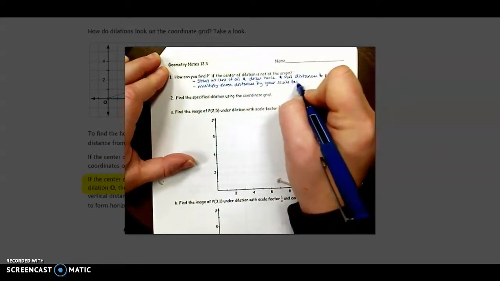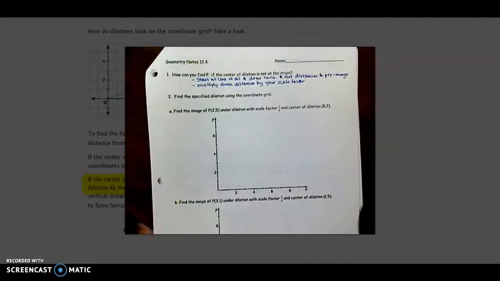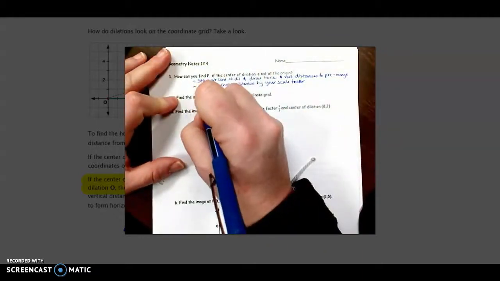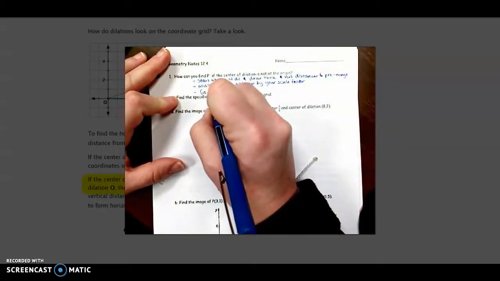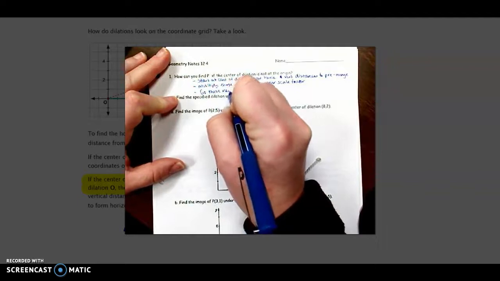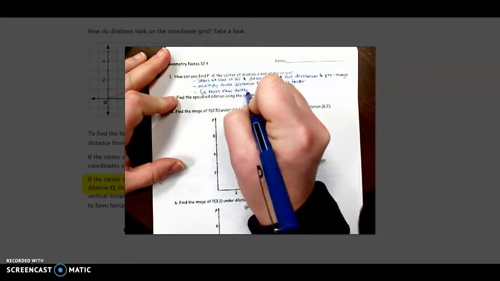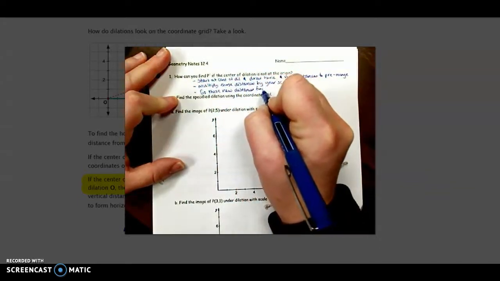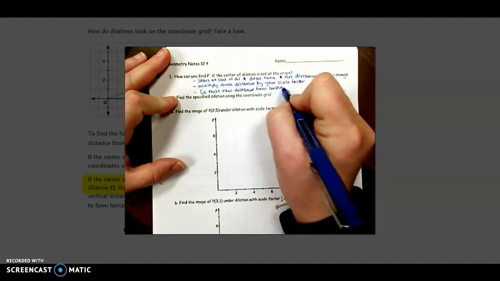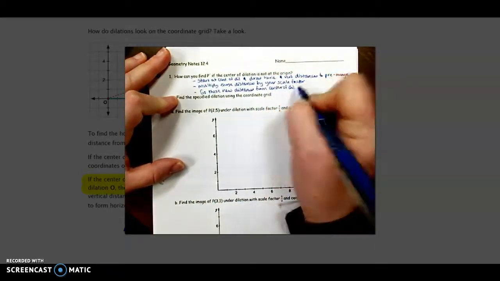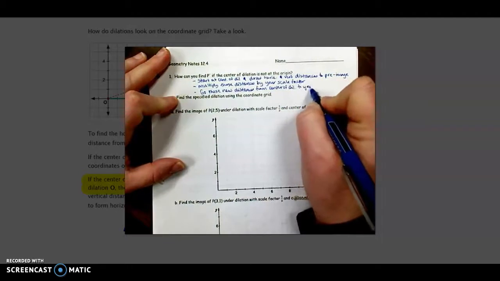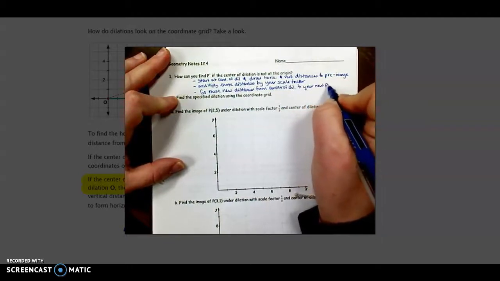Multiply the horizontal distance and the vertical distance by your scale factor. And then to locate your new point, you're going to go these new distances from your center of dilation to your new point. And we know we call that the image point.